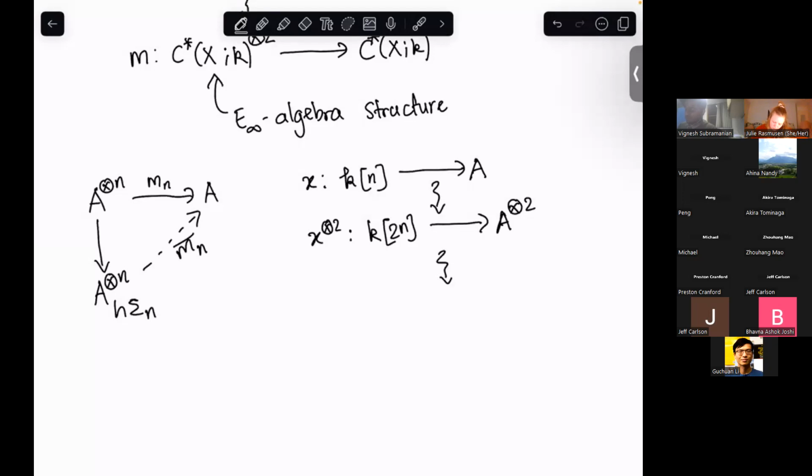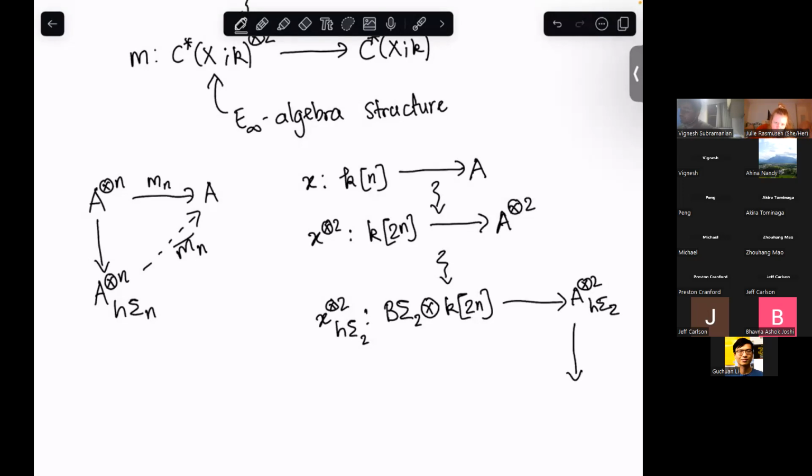So what you're going to get, let me denote this by BΣ_2, is a copy of BΣ_2 tensor K^n with a map into the homotopy quotient. And because my algebra was E-infinity, I can use this to go all the way to A. This is what I call M_2 bar. So this gives me a map like this.